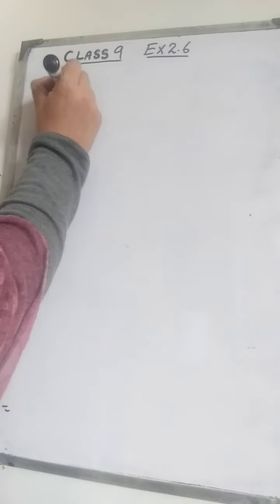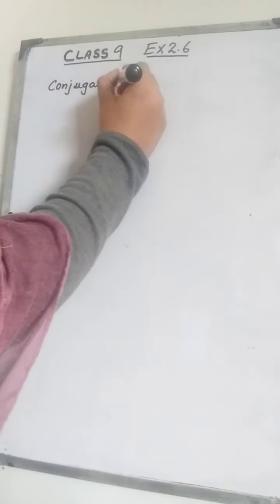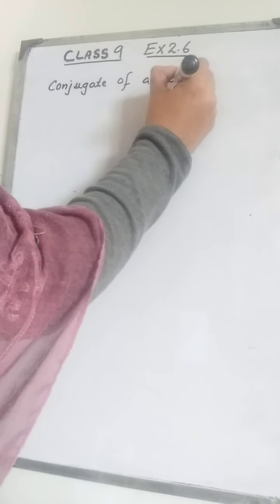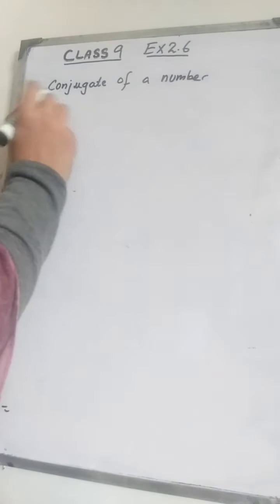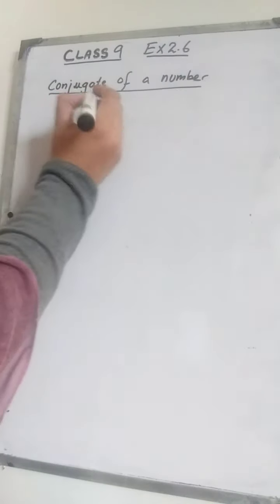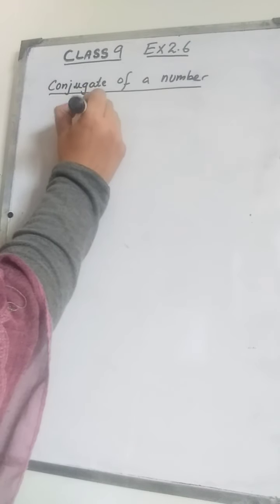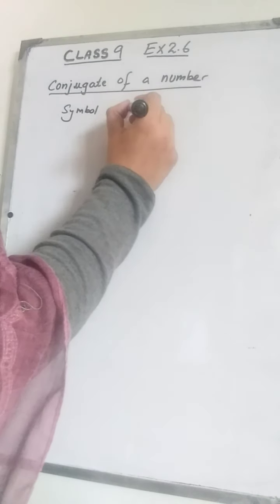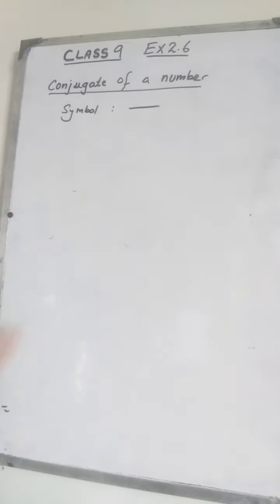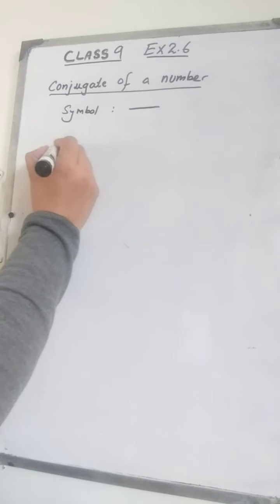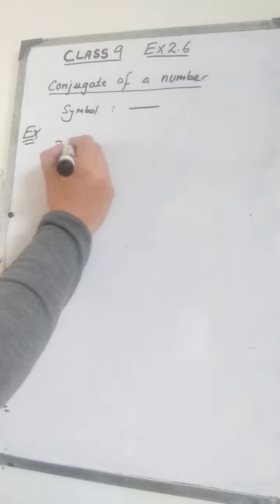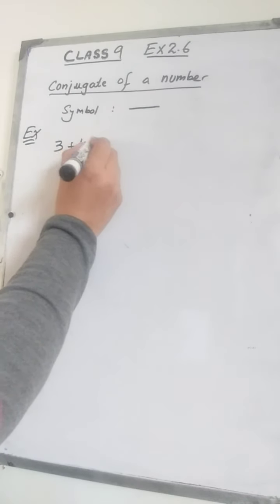Now in the next question, one more thing that I would like to tell you is that the symbol that we use for the conjugate of a number is bar. Whenever you want to find the conjugate of a complex number, for example, suppose you have the complex number 3 plus 4 iota.